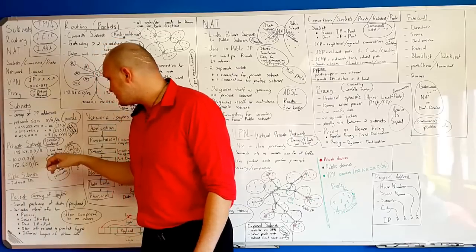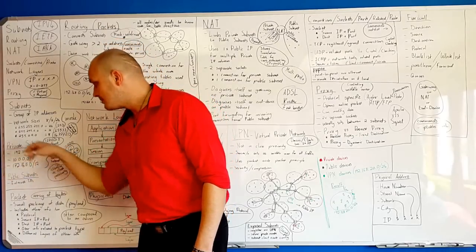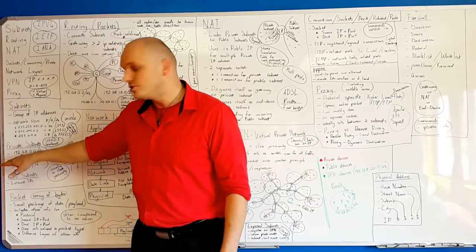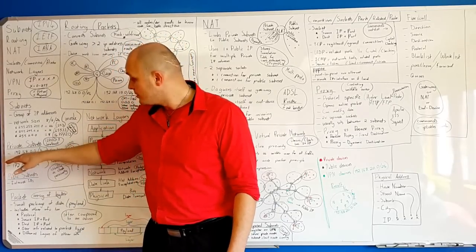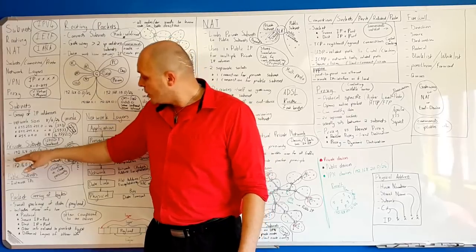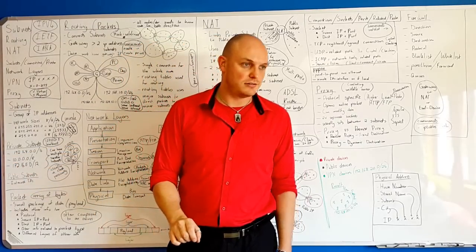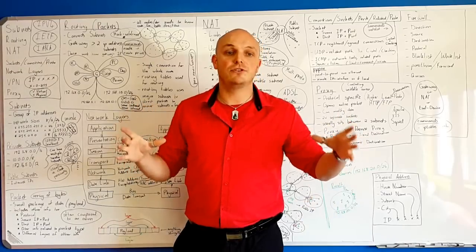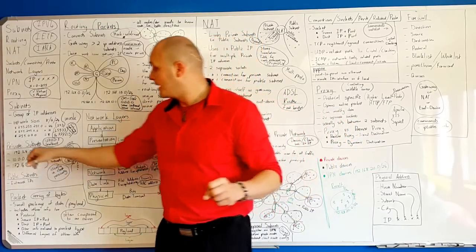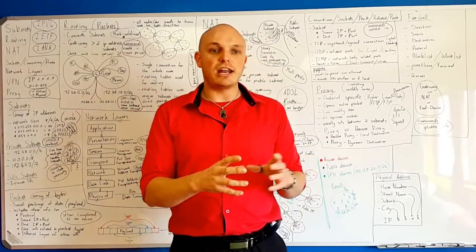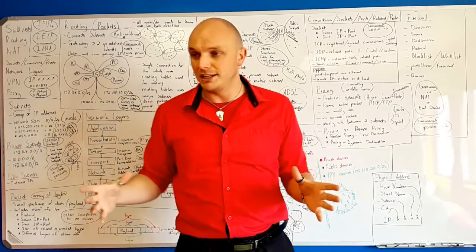Another thing is that these subnets, like we've got here in the office, we've got this subnet range, 192.168.0.0, but we don't have a 16-bit mask, we actually have a 24-bit mask. Which means you don't have to make your subnet that big, you can actually make it a lot smaller. Which means that you can have subnets inside a bigger subnet.